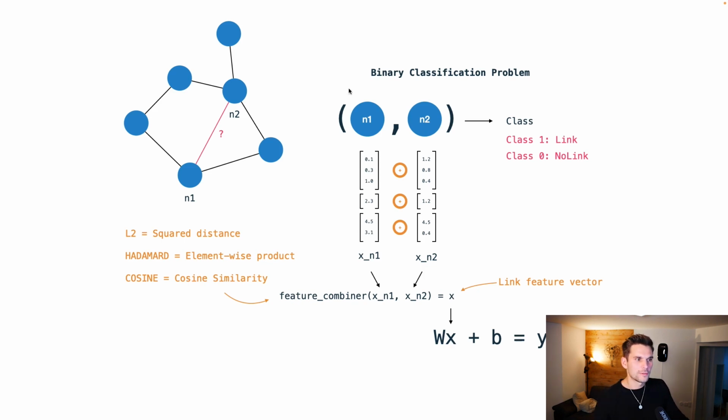So what's not possible is to have a feature for a node pair. So for example, if we had node 1 and node 2 and they have referenced the same paper, that would be a feature for the node pair rather than on each of the nodes individually. Features on a node individually would be, for example, node 1 has cited paper 1 and 2, and node 2 has cited paper 1 and 2.